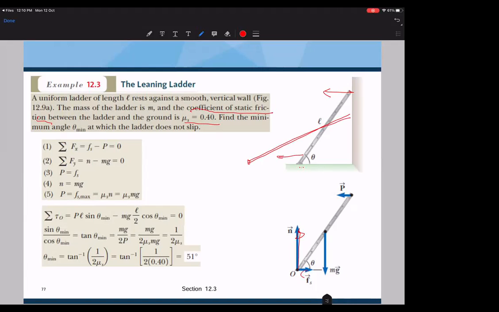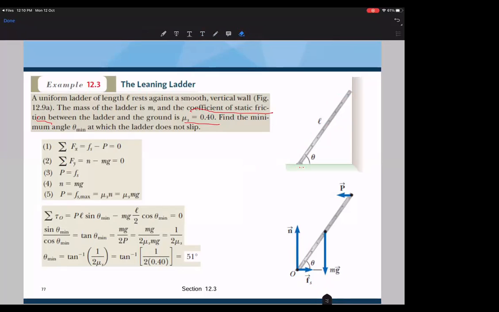Therefore, the frictional force would be in the opposite sense to stop the relative motion. Finally, you have the weight of the ladder that is acting at the center of the ladder. So this is the force diagram. And finally, you have a wall, of course, that provides the normal force only.